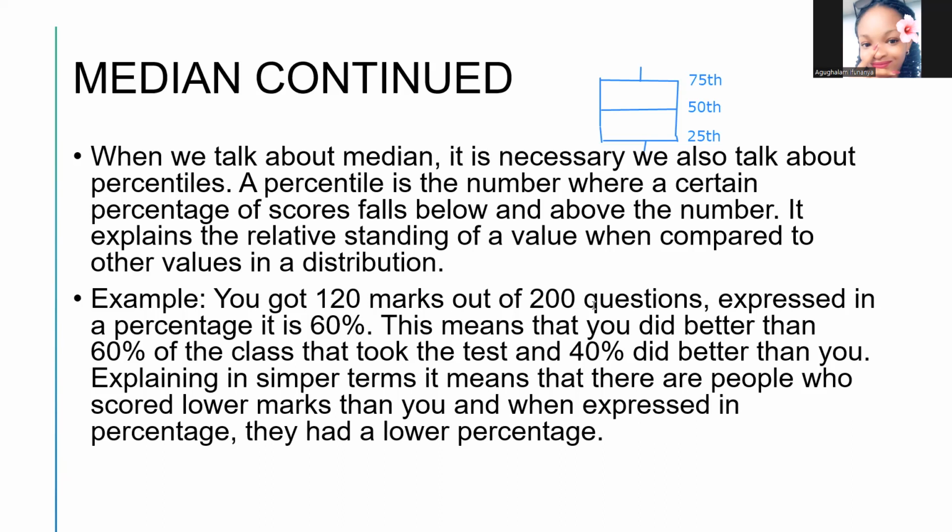And then the remaining 40% of the class that scored marks higher than you did better than you. So the 60% is more like a reference. 40% did better than you, and then you that got 60%, you did better than 60% of the class that took the test.